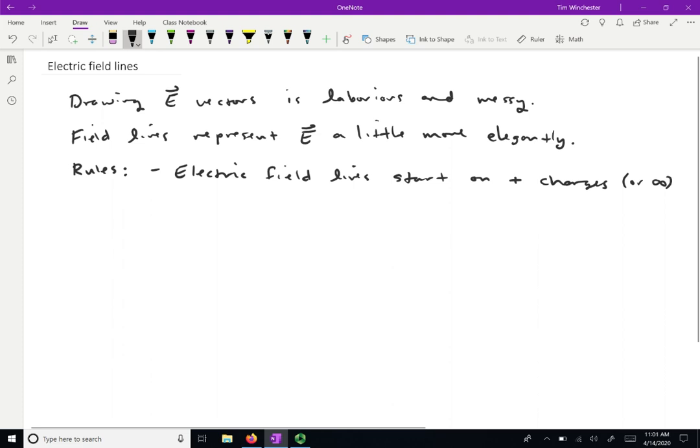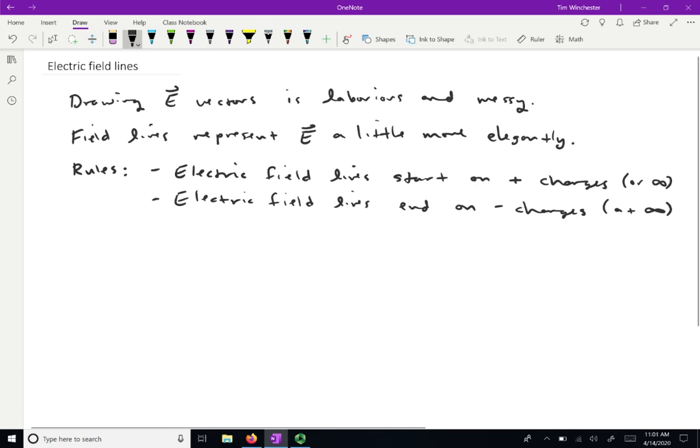But if there are positive charges, that's where the electric field lines start. The electric field lines end on negative charges, or, again, at infinity.